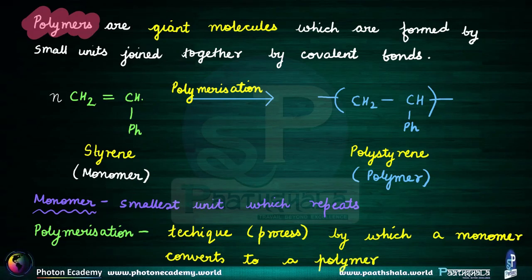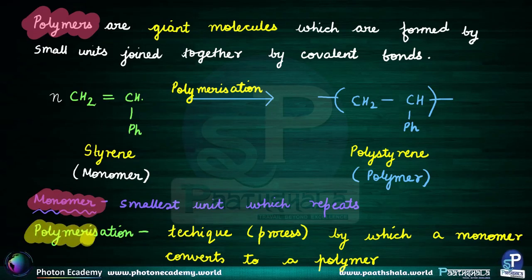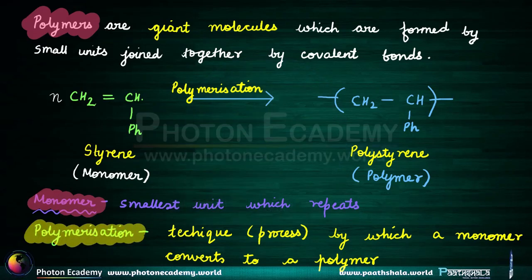So we have seen a lot of terms: monomer, the smallest unit which is repeating itself a number of times, and polymerization, the process by which the conversion of monomer to a polymer takes place. We have called the polymer a macromolecule.